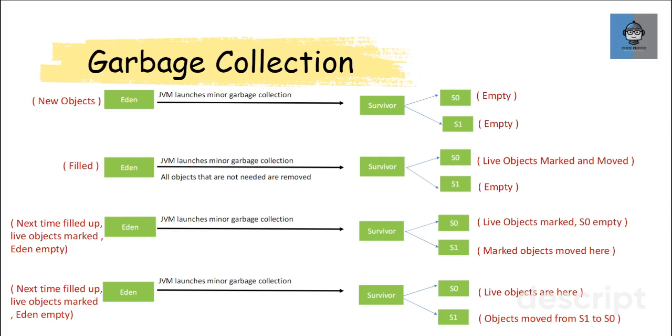In that case, it moves to the old generation, and then mark, sweep, and compact happens for those because they are relatively bigger objects and they have aged. So minor garbage collections happen only between Eden and Survivor, but the major ones happen with the old generation, only for objects that have aged.